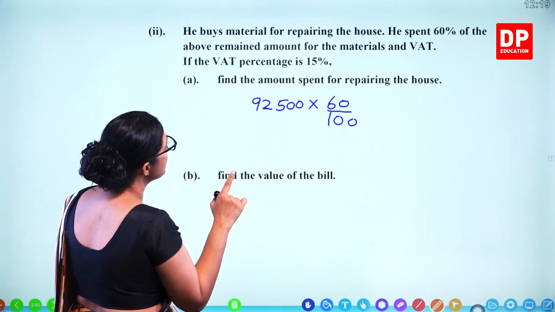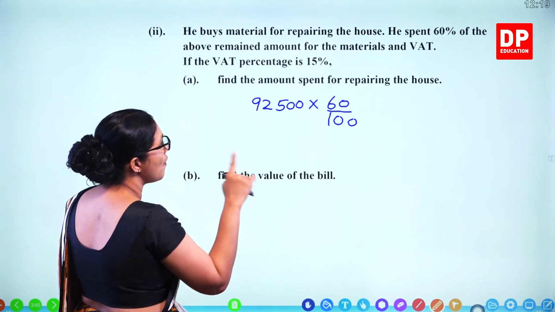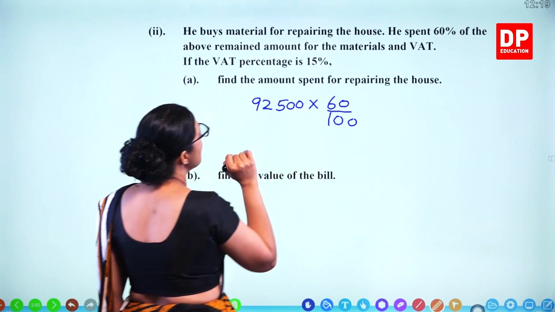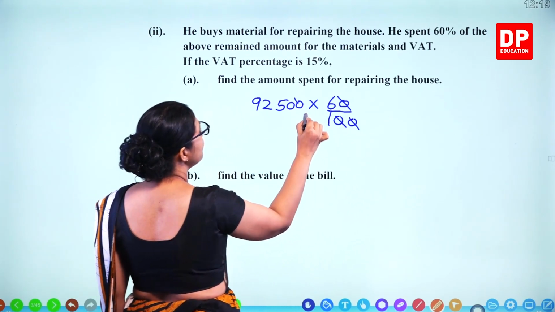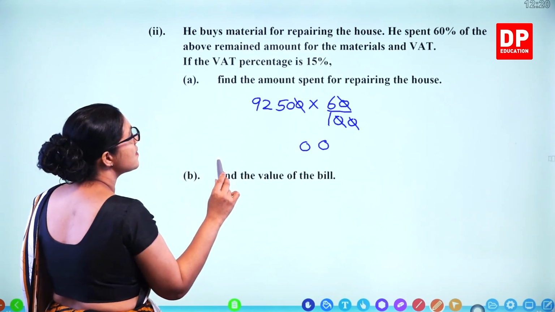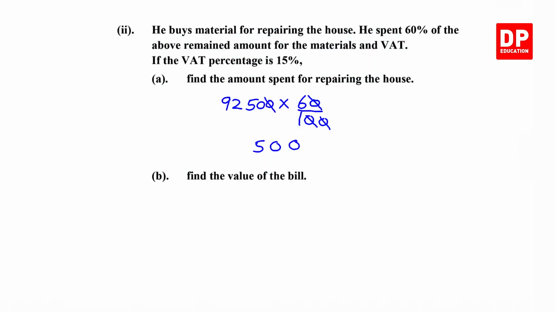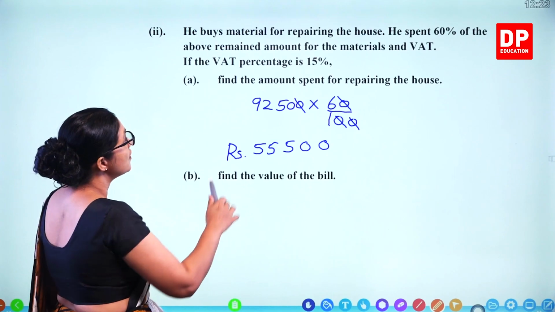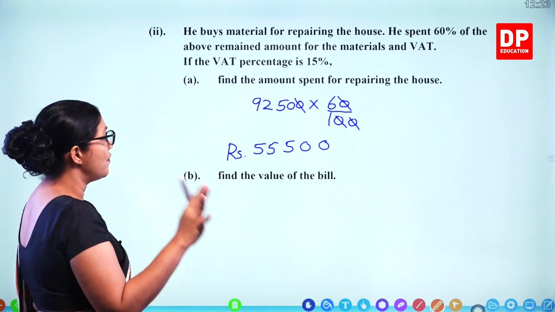So materials and VAT all together: 6 times 0, 6 times 5, 30, 6 times 2, 12, plus 3, 15, 6 times 9, 54, plus 1, 55. So this is for both materials and VAT. So this is the amount spent for repairing the house with the VAT, everything.